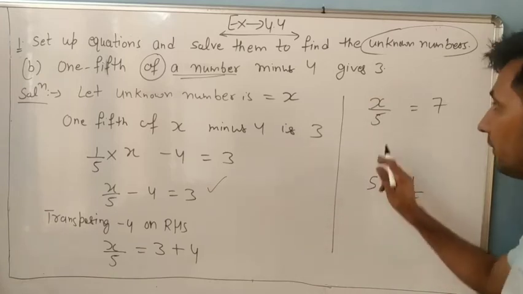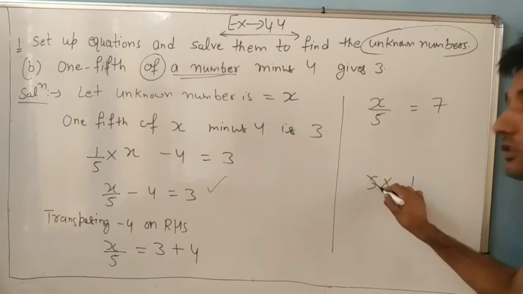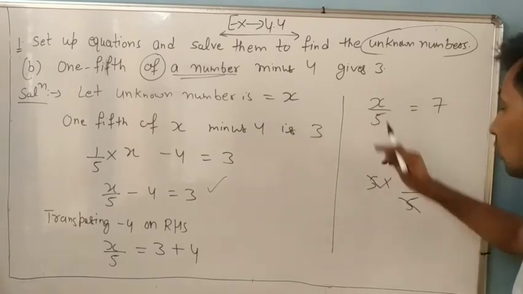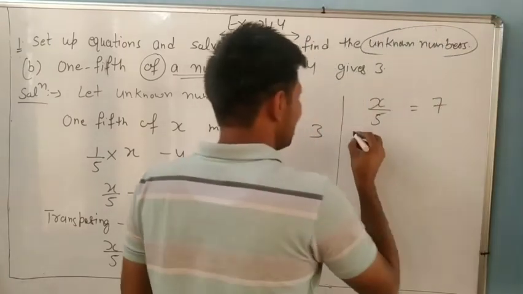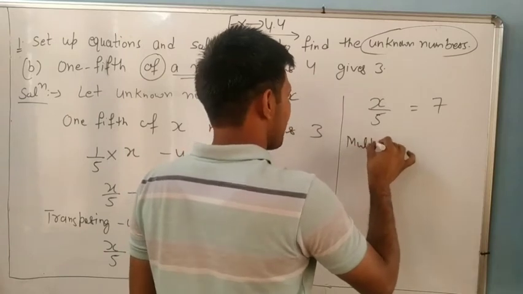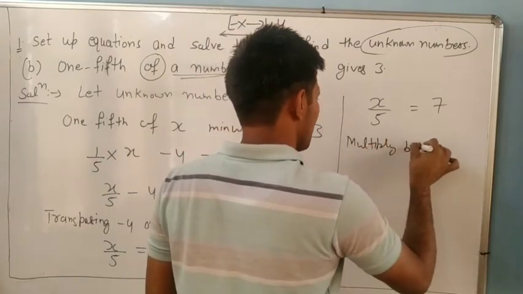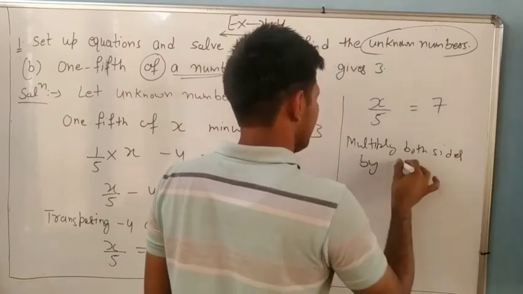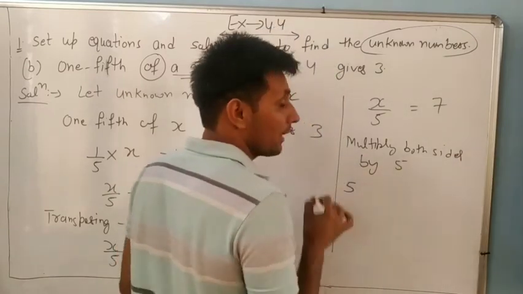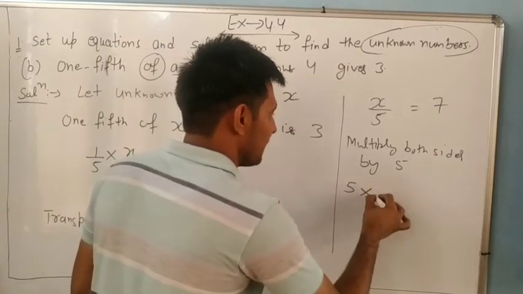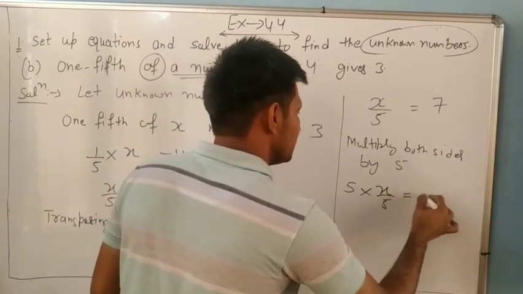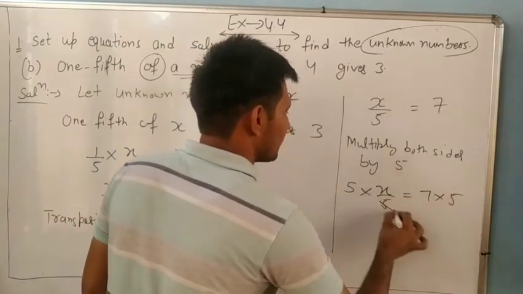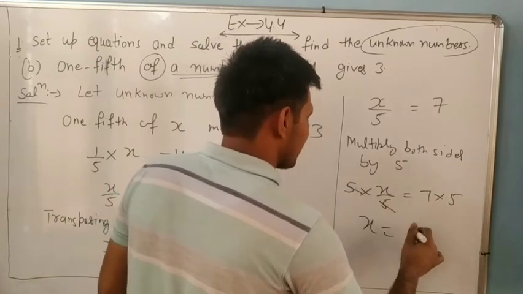It is divided already, so we have to multiply both sides by 5. So 5 multiply x upon 5, 7 into 5. 5 cancels 5. Okay dear?